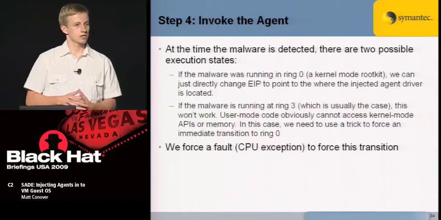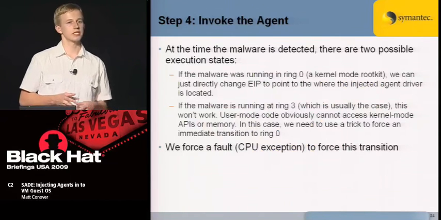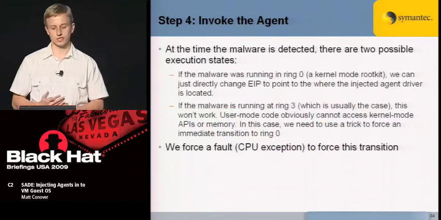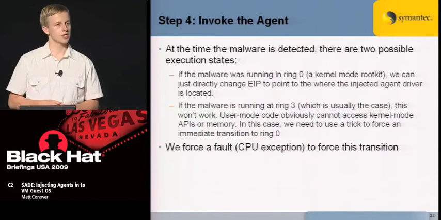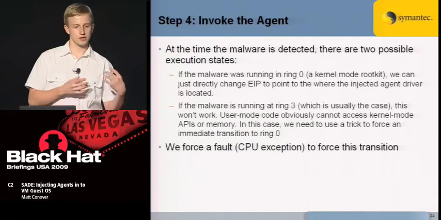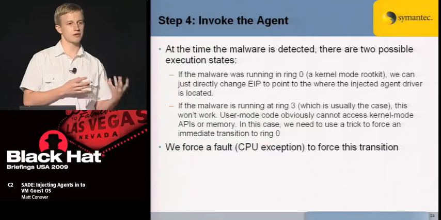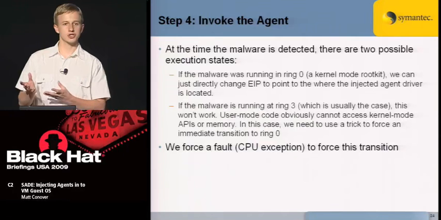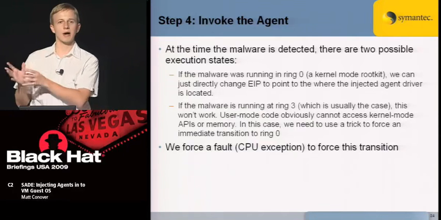Okay, so now at this point, we've got the memory inside the user VM, and now we need to cause it to execute. So in general, there's kind of two situations we're dealing with here. One is that the code which we have interrupted was running at ring 0. In other words, our antivirus signature has detected malware inside the kernel.